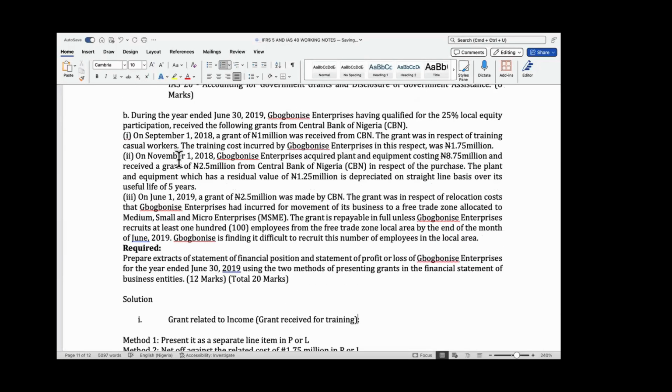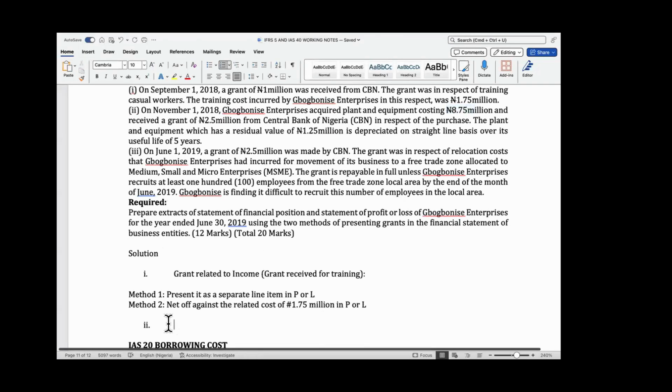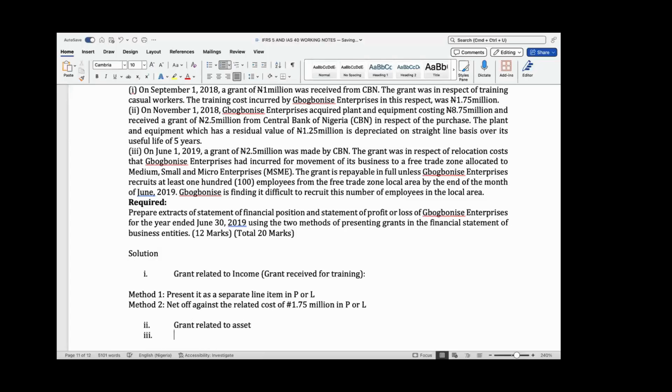So the second one: in November 2018, Gbogbo Nishe Enterprises acquired plant, and he received a grant from CBN in respect of the purchase. So this is a grant related to assets, clearly. For this one, method one is to deduct the grant from the cost of the asset.